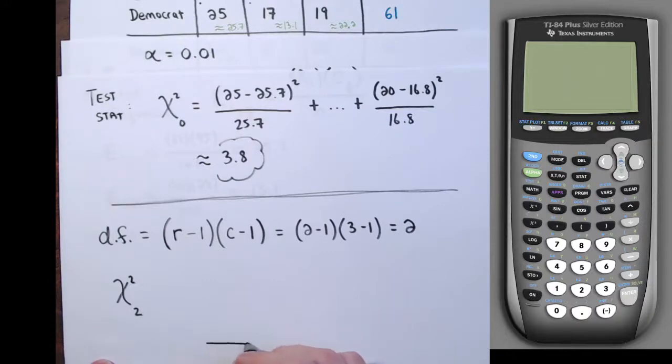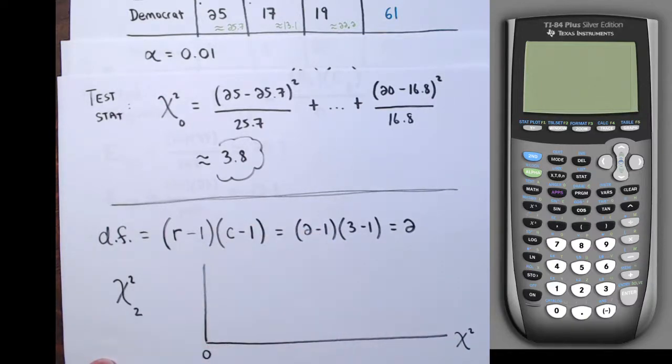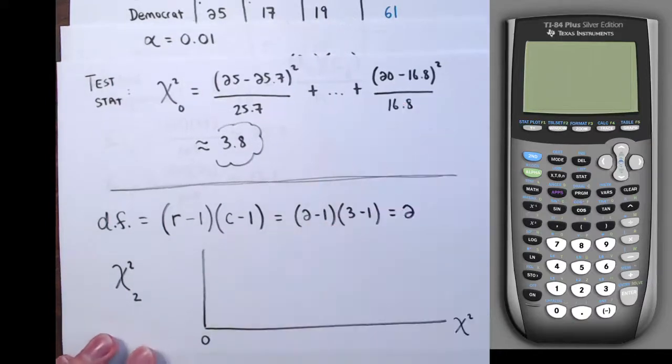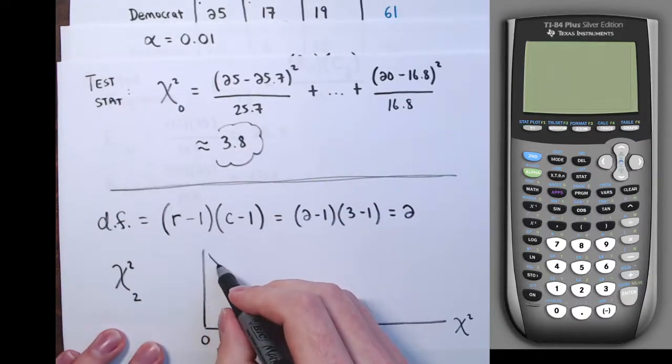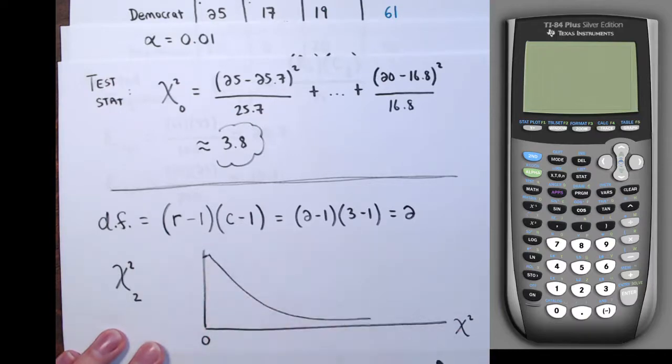And I'll draw a little picture of this. So the number line here represents different values of chi-squared. Starts at 0, right? There are no negative values of chi-squared. And then with 2 degrees of freedom, it looks something like this, falling like this, and maybe even a little peak, but it was definitely bulky on the left and thin on the right. Skewed right.